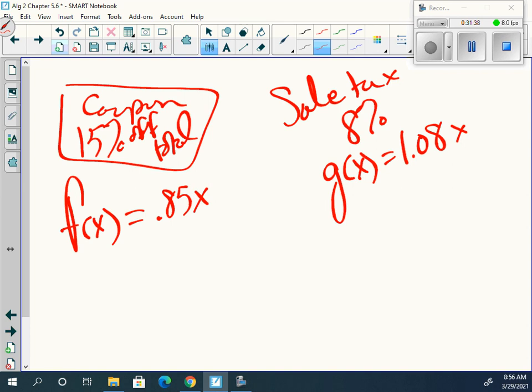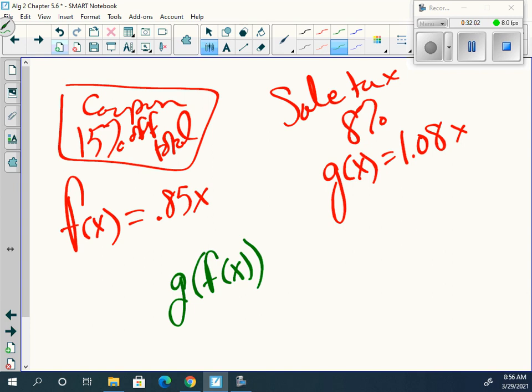So really, whatever my total sale is would go into f of x first. And then we would take that amount and put it into g of x, yes? So really what we're saying is that I have g of f of x. This is our composition function.